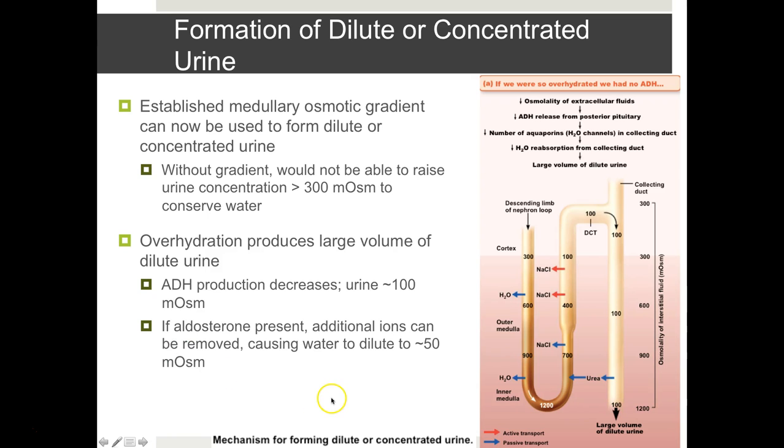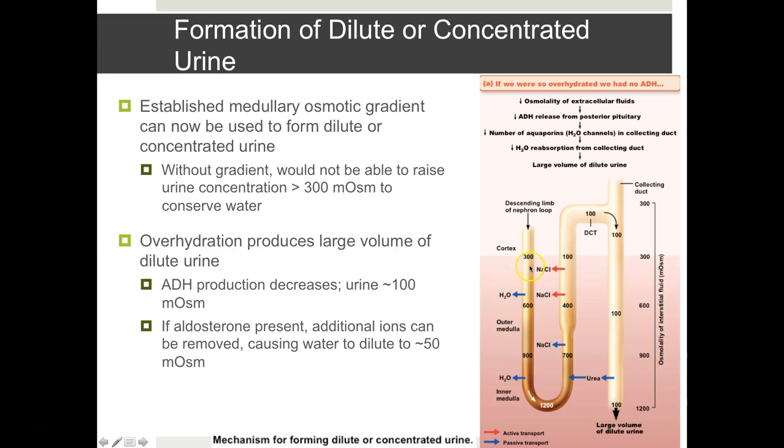So we're looking at the gradient out here in the medulla, of course. The osmolality that is set here, and you can see that on the right side of this image here. Without this gradient, we wouldn't be able to raise our urine concentration over 300 milliosmoles, which is what we're starting off with in the cortex over here.